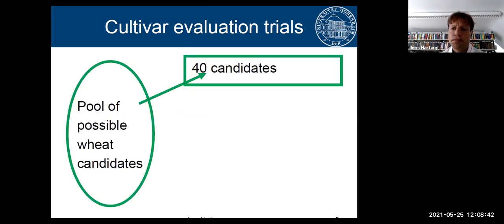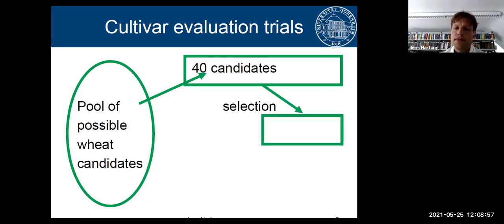I want to present how it works in Argentina. We have a possible pool of wheat genotypes, which you can see on the left, and 40 genotypes are tested in the first year. Out of these 40 genotypes, some part is selected, given the yield and other traits observed in the first year.